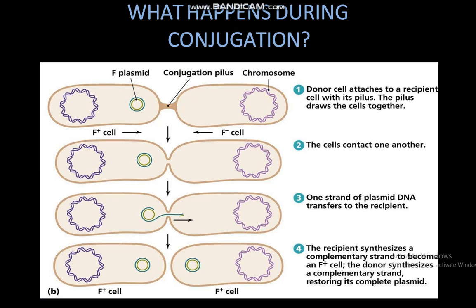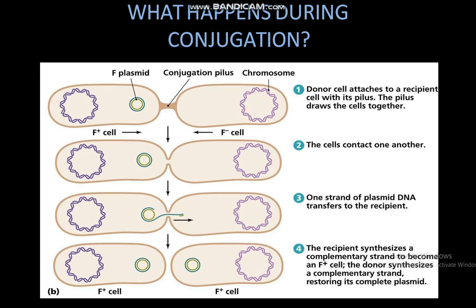In the next step, one strand of plasmid DNA is transferred to the recipient. Like in the third step, as shown in the diagram, one strand of plasmid DNA is transferred, and after that the recipient synthesizes a complementary strand to become F positive.